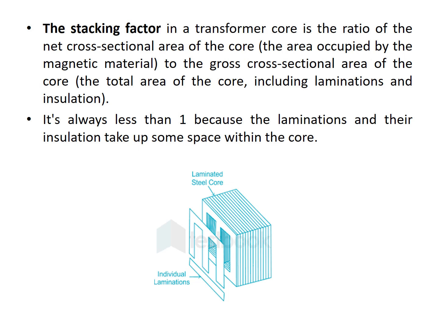It is always less than 1 because laminations and their insulation take up some space within the core. So when we go on to design the transformer, I will discuss the term stacking factor again.